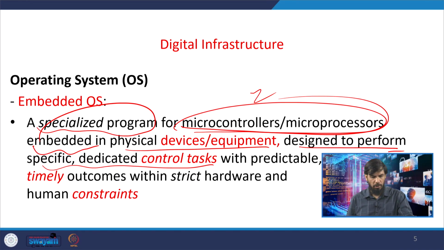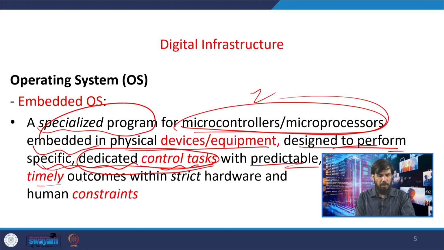So essentially we are talking about dedicated control tasks supported by this specialized program, which is an embedded operating system, designed to perform specific dedicated control tasks with predictable timely outcomes.